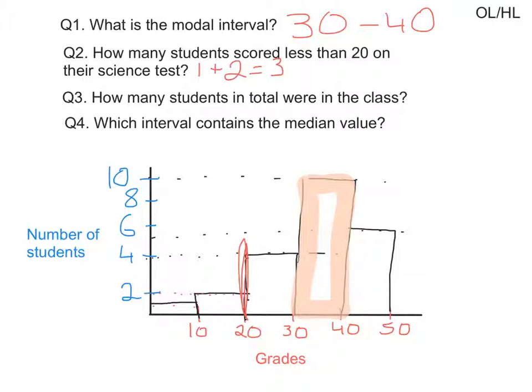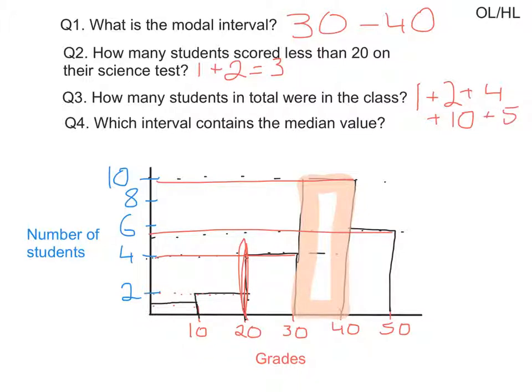Question 3 asks us how many students in total were in the class. This time I will add up the frequency from each interval. We already know from the previous question, in the interval 0 to 10 there's 1 student, between 10 and 20 there's 2, between 20 and 30 we can read off 4, between 30 and 40 we can read off 10, between 40 and 50 we can read off 5.